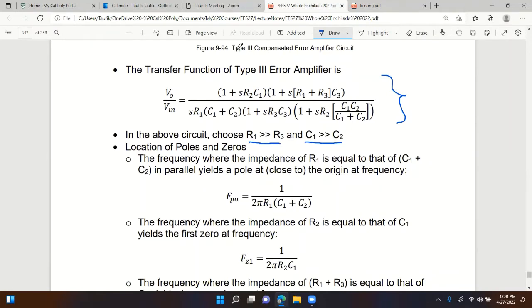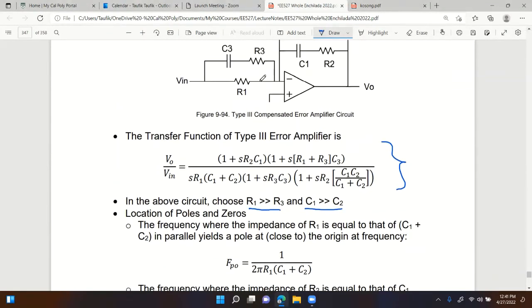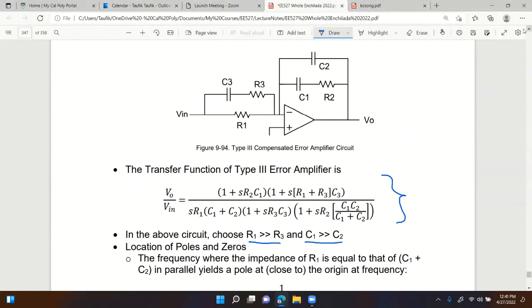Location of poles and zeros. The frequency where the impedance of R1 is equal to that of C1 plus C2 yields a pole close to the origin. So that's the one responsible for the pole at the origin, right there.